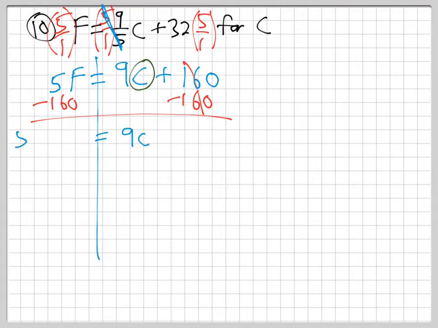And this other set will be 5F minus 160. And then last step to get C alone. Divide through by 9. Boom. There we go. There's the answer.